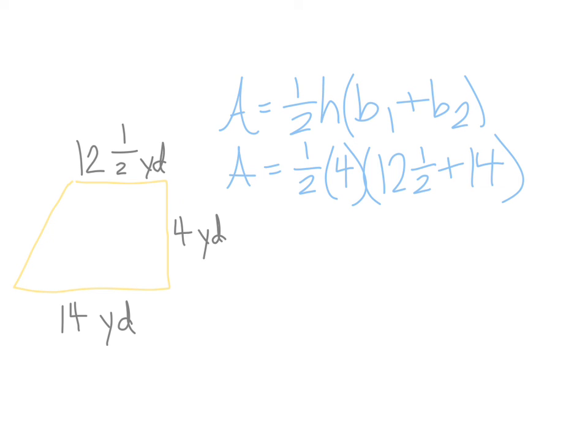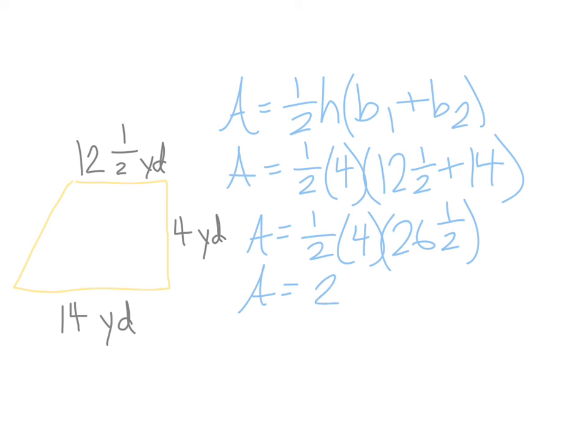Okay, and again I will solve what is in parentheses first. 12.5 plus 14 is 26.5. And now I need to multiply one of them by half. I'm going to take half of 4, which is 2, and we will multiply that by 26.5.